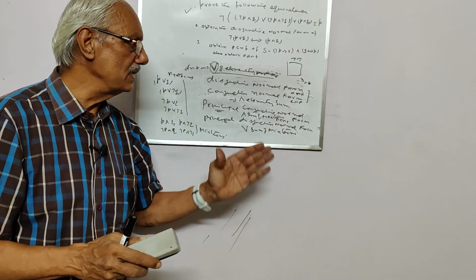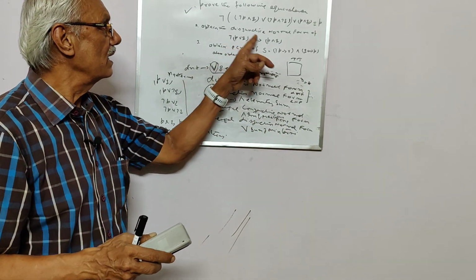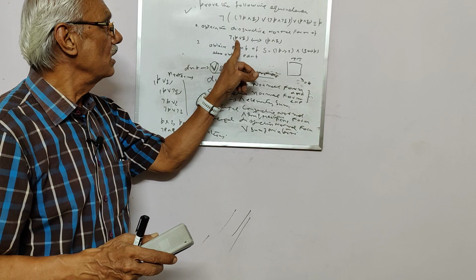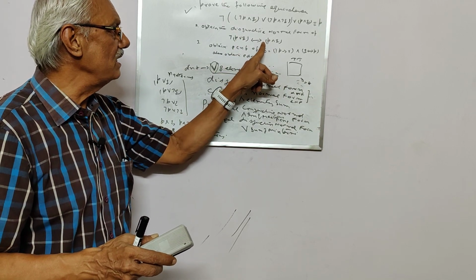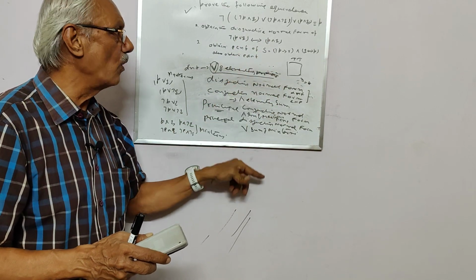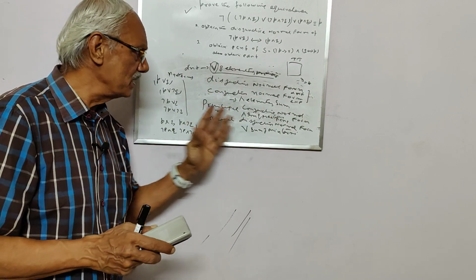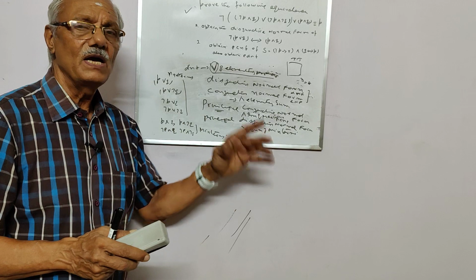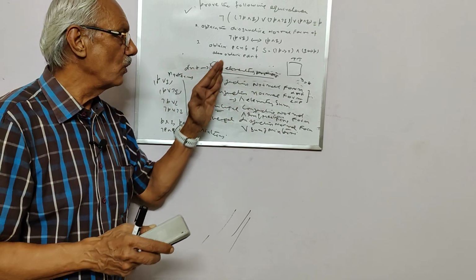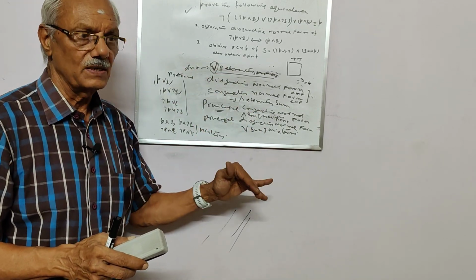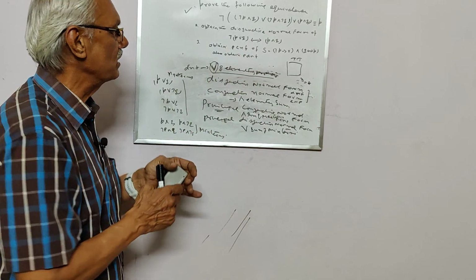Otherwise you are wrong. Writing the equivalent in this form is called a disjunctive normal form or conjunctive normal form, principal in the conjunctive and principal in the disjunctive, as the case may be. Now, with this small idea, let me come to this particular problem.